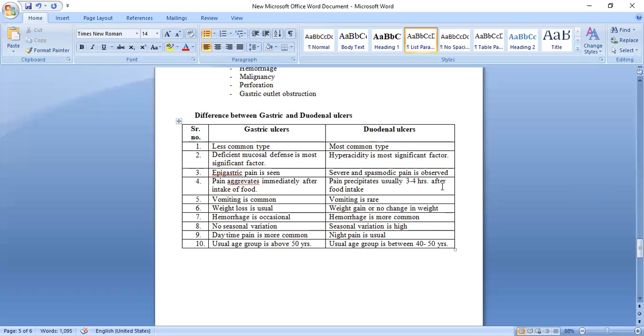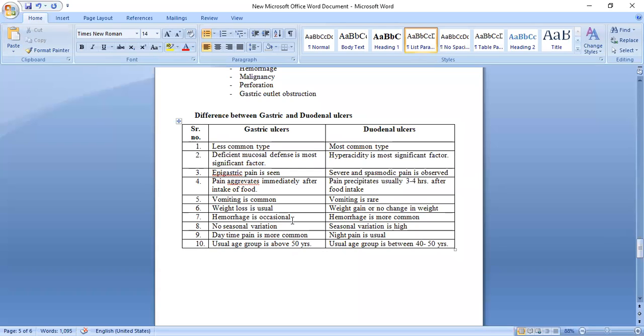Weight loss is usual in gastric ulcer because the patient avoids food, since eating causes pain. In duodenal ulcer it is exactly the opposite. These patients eat every 3-4 hours, so weight gain is there, or otherwise sometimes no change in weight.